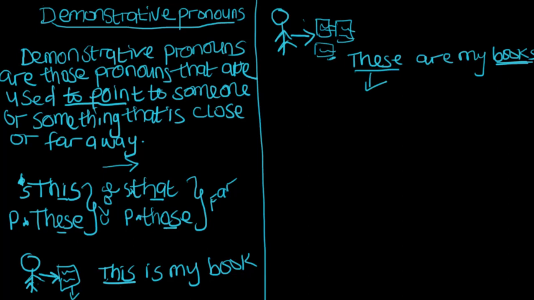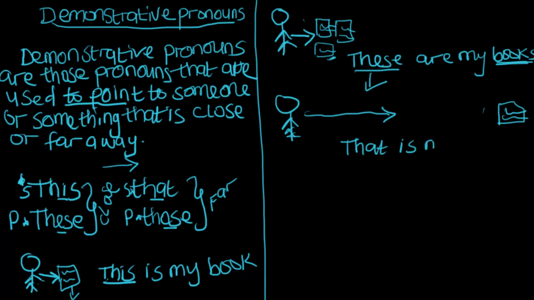Another example. And then there is a book here. I want to point to this book. See, the book is far away, so I say that is my book. So you know that is used to point to something that is far away, and singular, just one book.